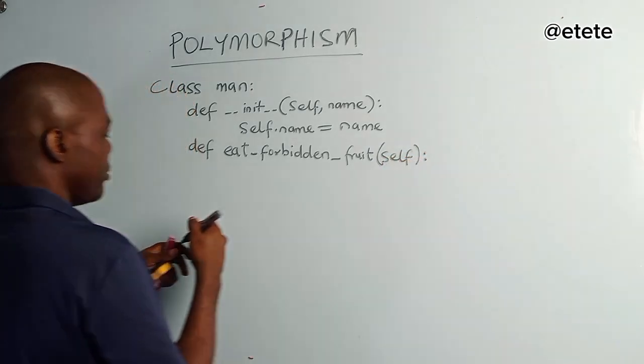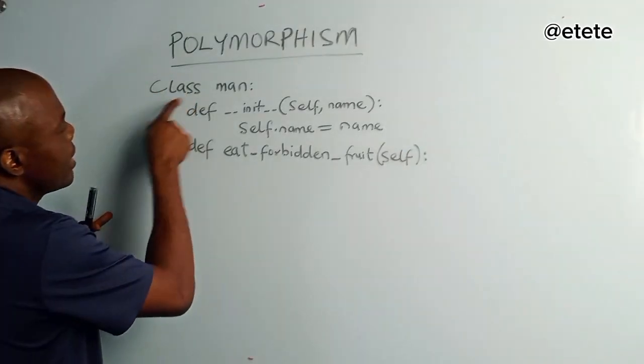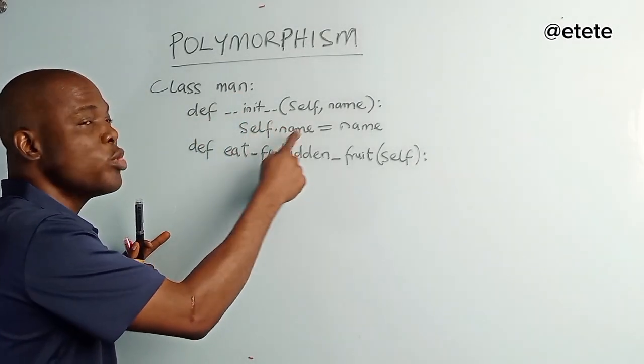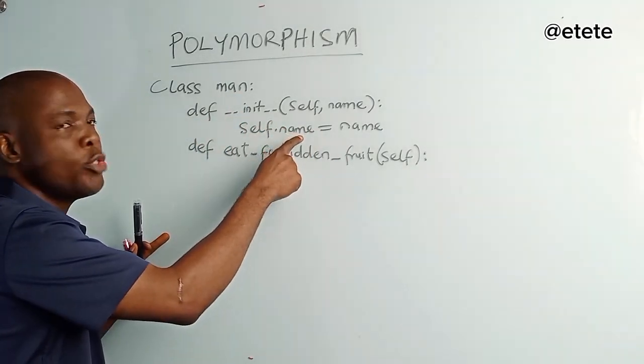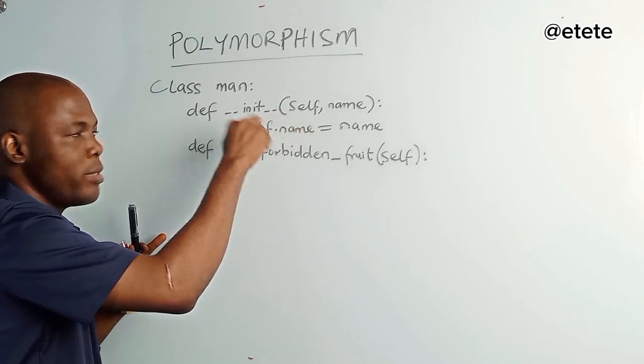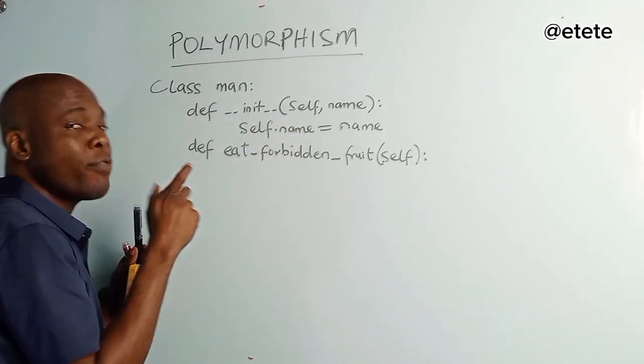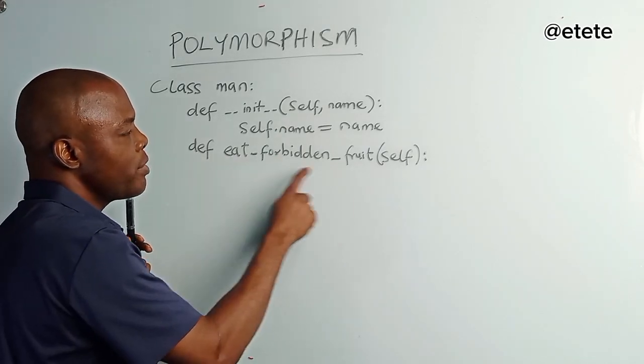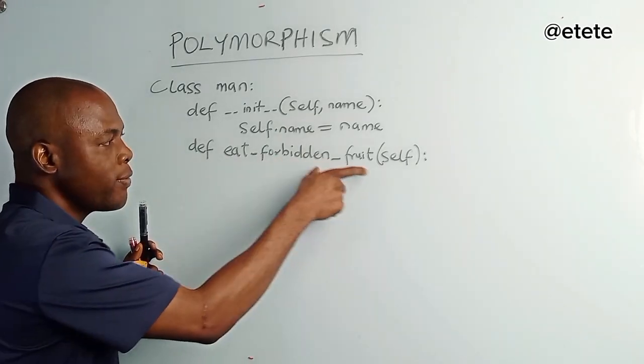So I have class man, my init method, which I'm going to use to initialize the attributes of the object that will be created. Now I have another method inside it, which is eat forbidden fruit. This is the name of the method.